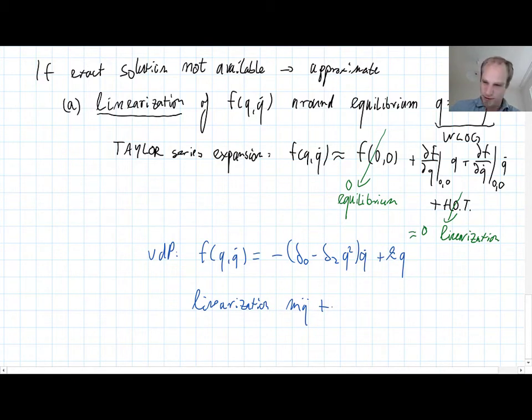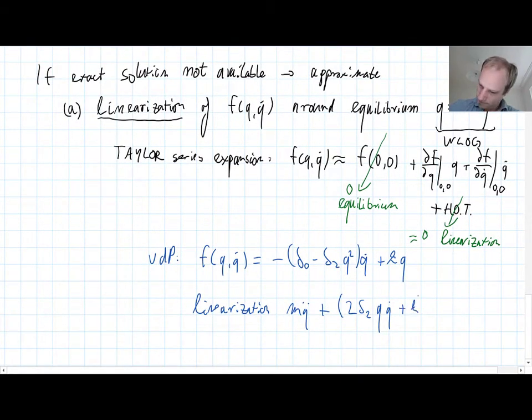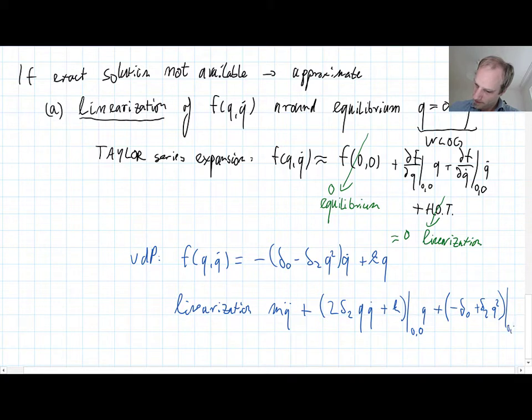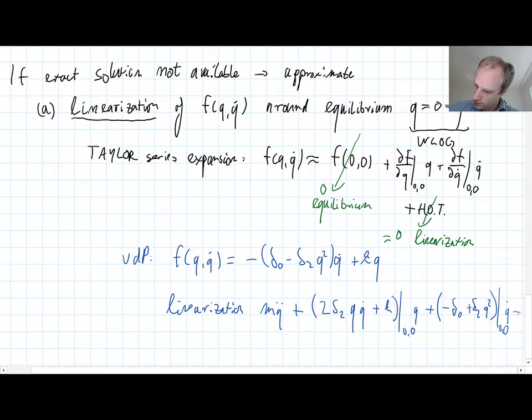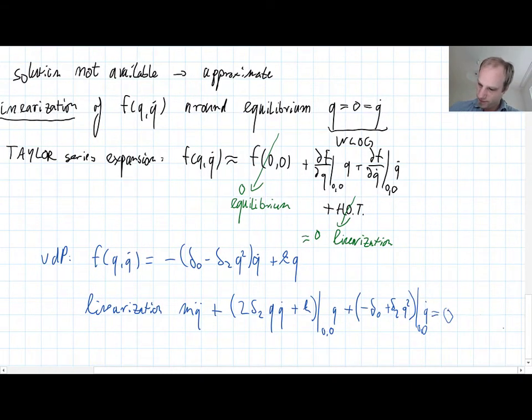Now we basically have this term here, which is 0, and we have then the gradient with respect to q, which is here 2 delta 2 q q dot plus k at (0, 0) times q, and then everything derived with respect to q dot gives us minus delta 0 plus delta 2 q squared at (0, 0) times q dot, equal to, this still needs to be equal to 0 in the linear case.